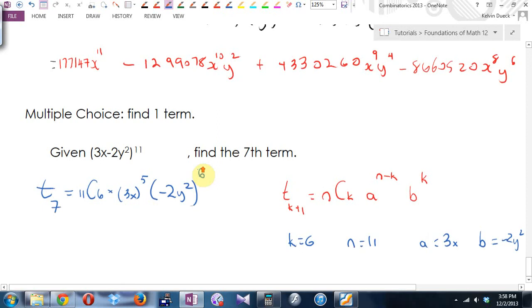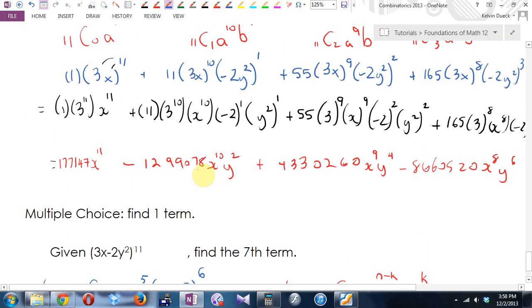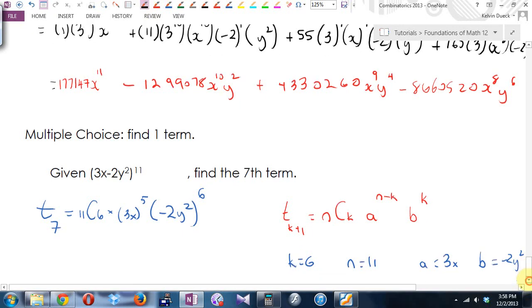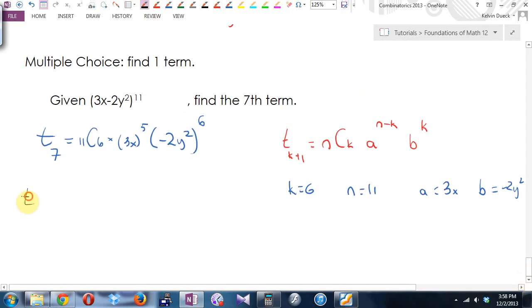Now it's exactly like this line here in red, because now I have some choose notation, some exponents, and some variables. Term 7. What is 11 choose 6? 462.